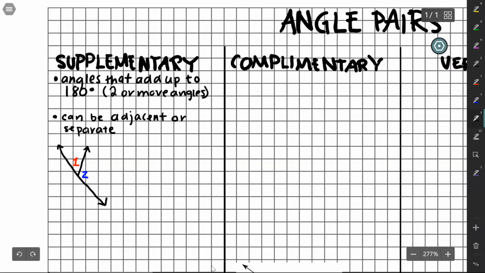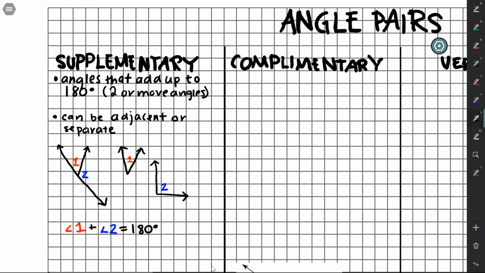When they are separate, you're going to have the same two angles, angle 1 and angle 2. They're just not on that same line. Alright, what is important to note here is that when we take angle 1 and add it to angle 2, this is always going to equal 180 degrees.